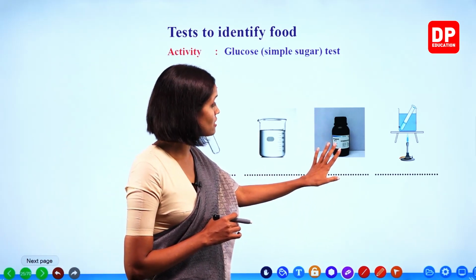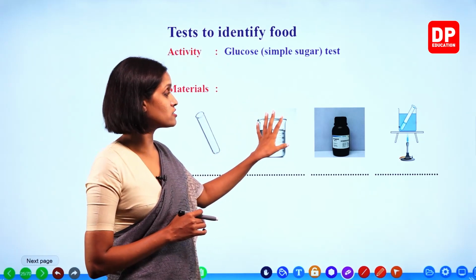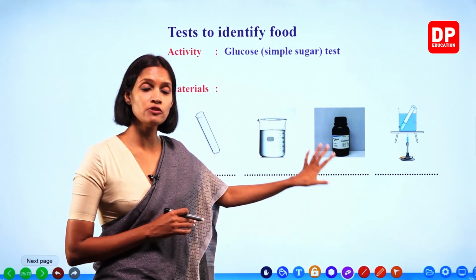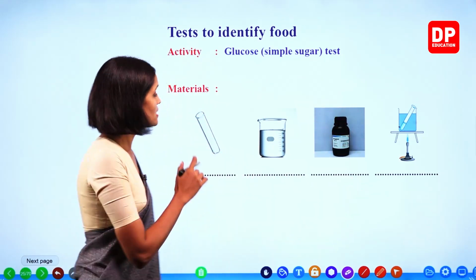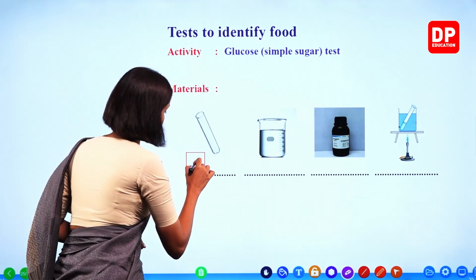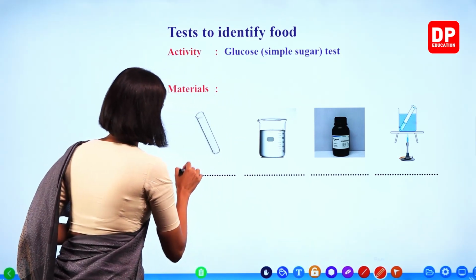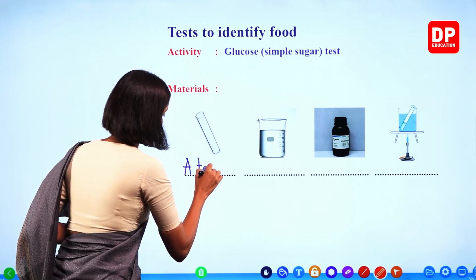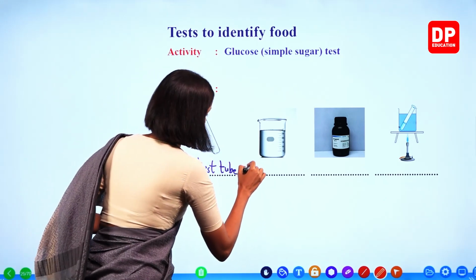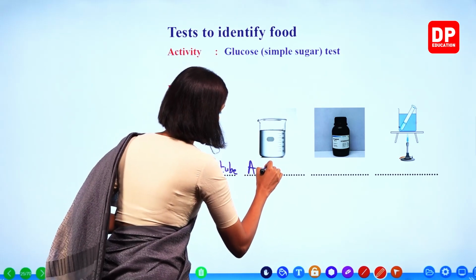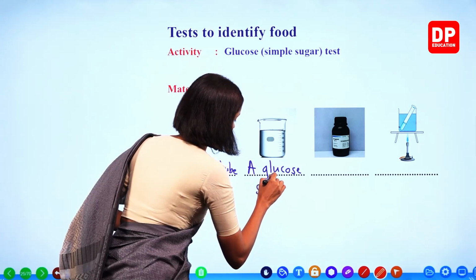We need the Benedict solution and we need a water bath, because after preparing the solution and adding this Benedict solution, we need to heat this test tube in a water bath, right? Let's write. A test tube. A glucose solution.